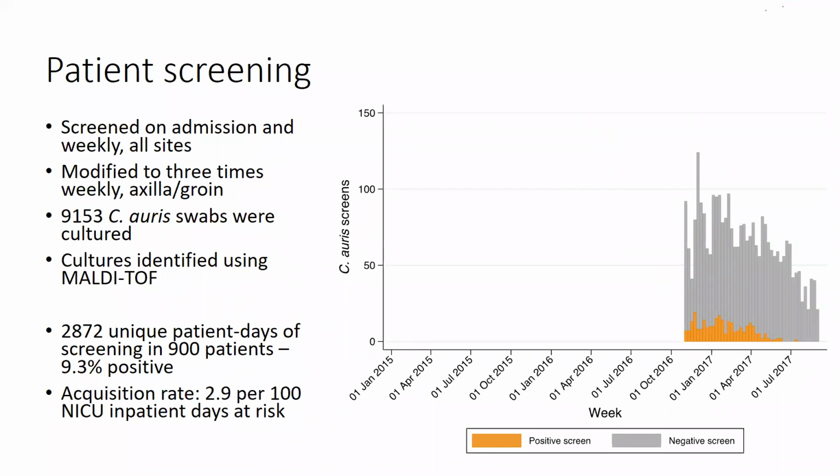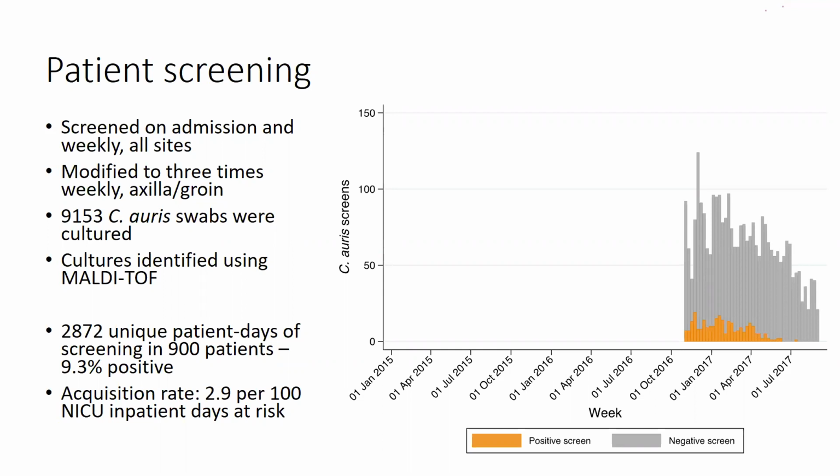When we appreciated there was a problem, we started some fairly intensive patient screening. Initially we screened patients on admission and then once a week, but many of our screens were coming back positive. We felt we had to improve the turnaround time, so we went to screening patients 3 times a week.